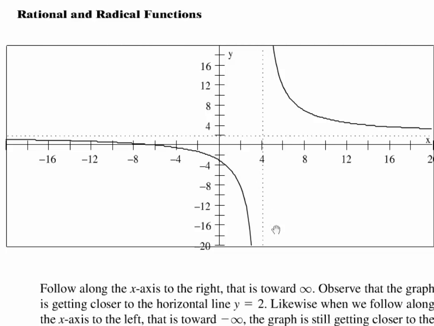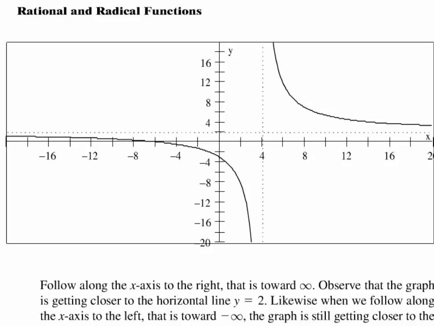All right, so the equation of this vertical asymptote is x equals 4, and the equation of this horizontal asymptote is y equals 2. Again, why is it y equals 2? Well, that's the number that we get very close to, but never touch as we make x very large, and as we also make x very small.